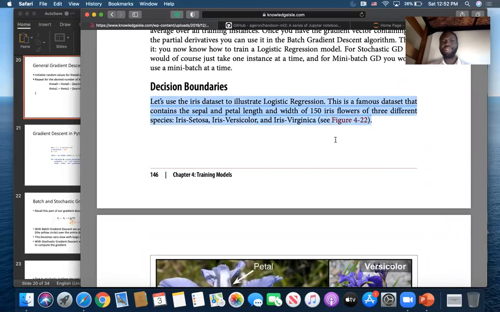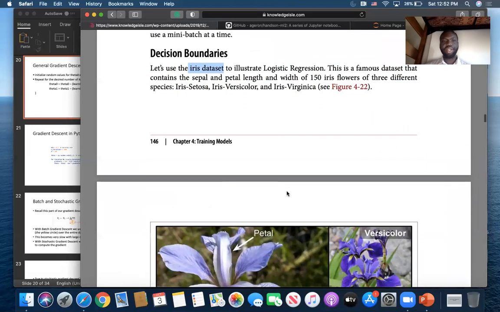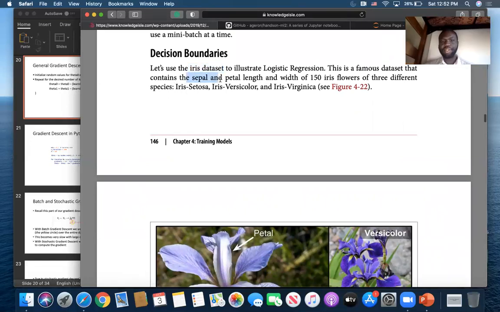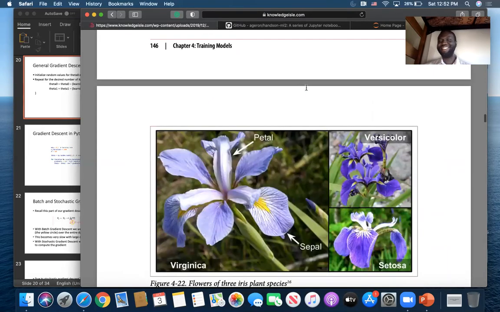So he uses this iris data set, which is a very popular data set in ML. It contains the width of 3 types of flowers, Iris. I don't know too much about flowers, I only know roses.